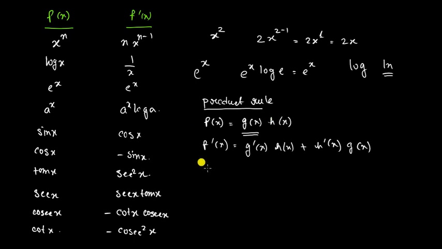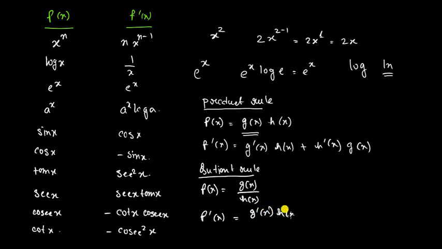There is another rule which is called the quotient rule, right? This rule is just the extension of product rule basically. So if you have, let's say, f of x in the form of g of x over h of x, then if you do the differentiation, you do the differentiation of the numerator first, so g prime of x, and then the denominator just gets multiplied as it is.